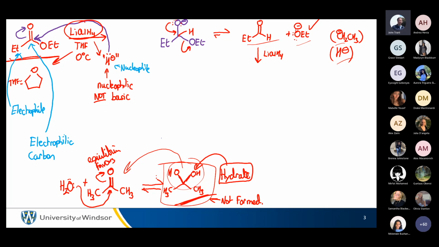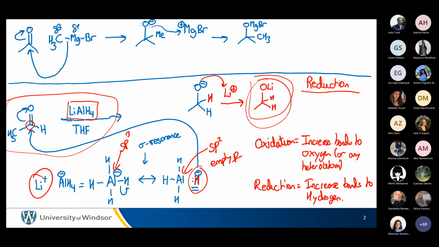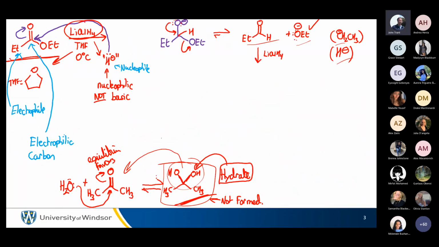So the question is, can this do more chemistry or is this done? And in the last slide, we saw an aldehyde react with lithium aluminum hydride. Yes, we now have an aldehyde, we have lithium aluminum hydride. So it's going to keep going.